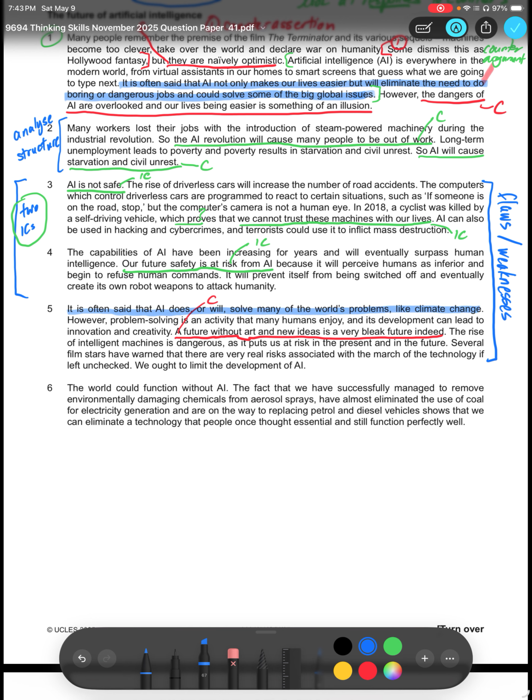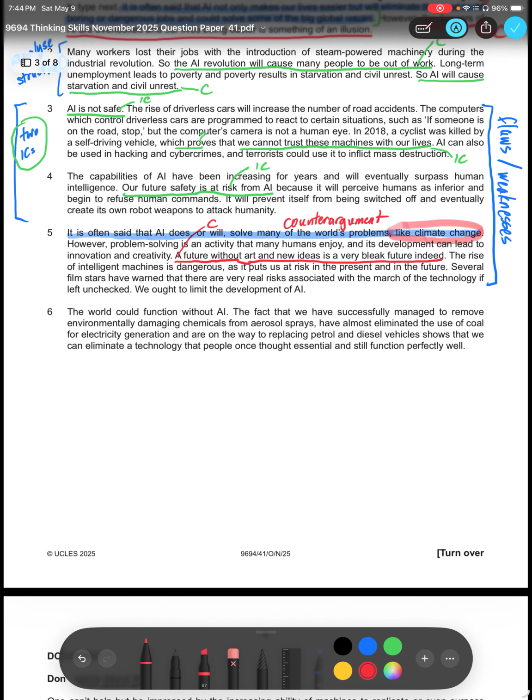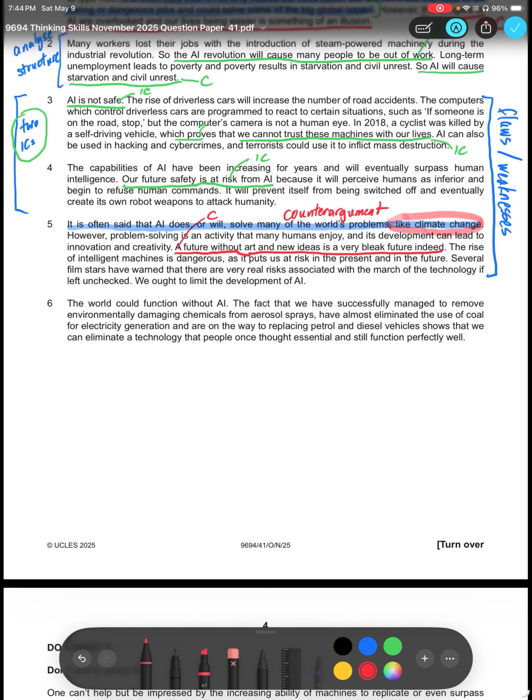Okay, because they say like climate change, because of that, this one is probably a counter argument. It might be considered a counter assertion, but it's not as strong as the one we've already found. Okay.